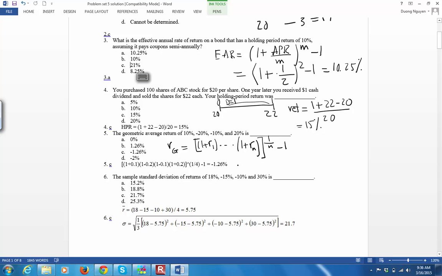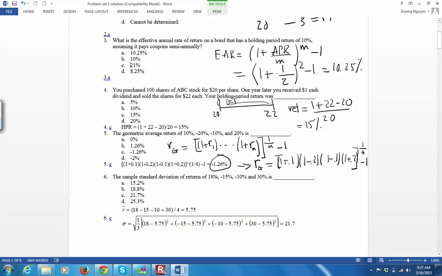So in this example, n is equal to 4, so RG is equal to (1 plus 0.1) times (1 minus 0.2) times (1 minus 0.1) times (1 plus 0.2), the whole thing raised to the power 1 over 4, minus 1, and you get the answer negative 1.26%.